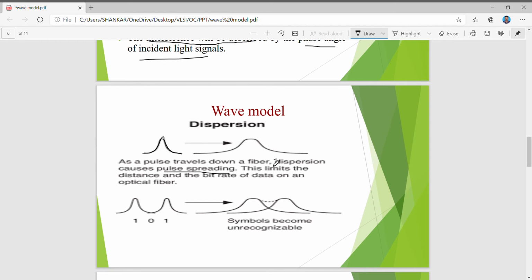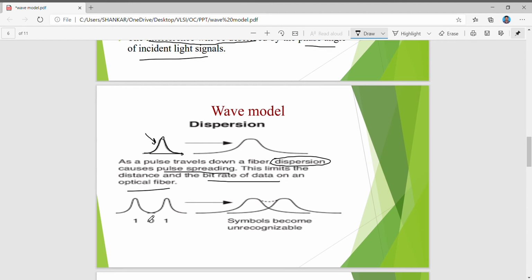Due to the problem of dispersion, the pulses will be spreading with time. While increasing the time period of the signal, the pulse width will increase, meaning the pulses will be spreading. This limits the distance and the bitrate of data on an optical fiber.